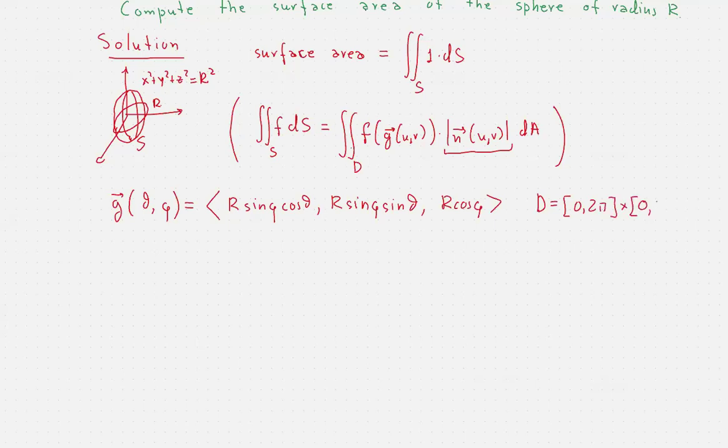So if you temporarily replace r by rho, then what you're looking at in these three components are simply the expressions of x, y, and z with respect to spherical coordinates.